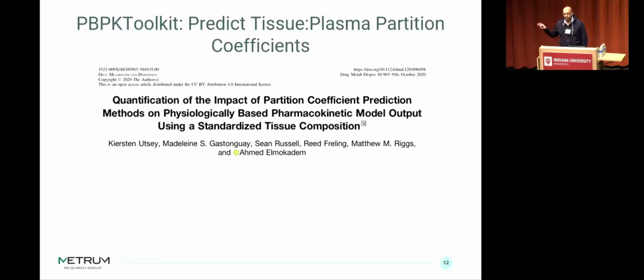So, yeah, we didn't like that very much. So we came up with our own standardized tissue composition that we compared with all the different partition coefficient methods, and it works well, and the predictions agree well with the ones that were published in the respective publications.